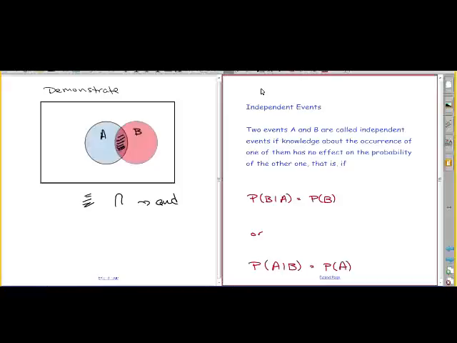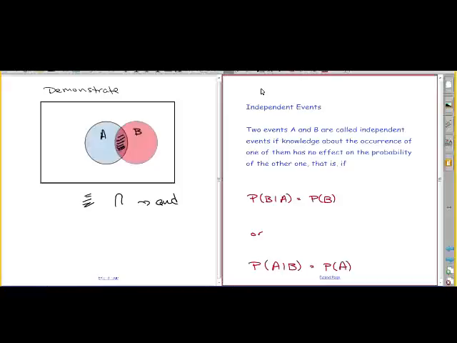That's what we've been dealing with in a lot of our cases, like flipping a coin. If we flip a coin, the probability of getting heads or tails is 0.5. If we flip the coin again, the probability of event B, flipping the coin the second time, is the same whether we got heads or tails on the first flip. So that's an example of independent events.